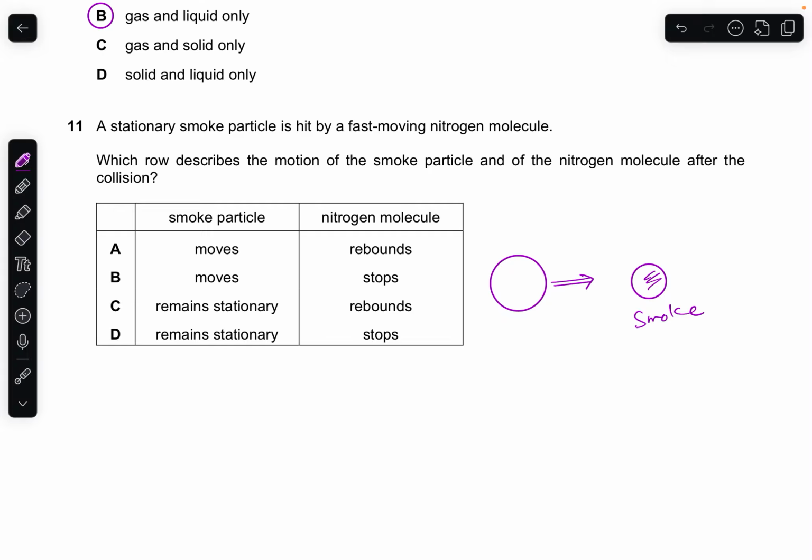The smoke particle remaining stationary is not a possibility, it will start moving. So you have to choose between A and B. The nitrogen will rebound, to conserve the momentum. It's option A, that is correct, because momentum before and after collision should be balanced.